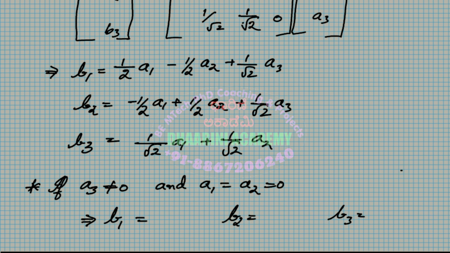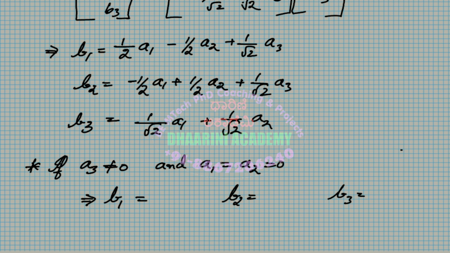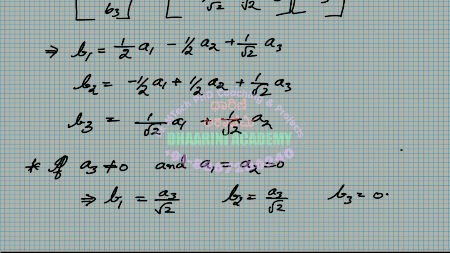So you just have to use the above equations. A3 is not equal to 0 and A1 and A2 are 0. B1 would be 1 by root 2 A3. So I can write B2 is 1 by root 2 A3, and B3 is equal to 0.